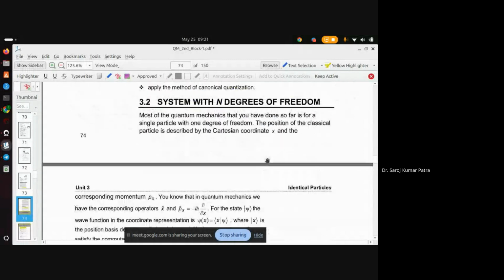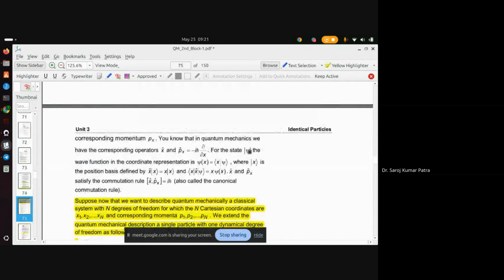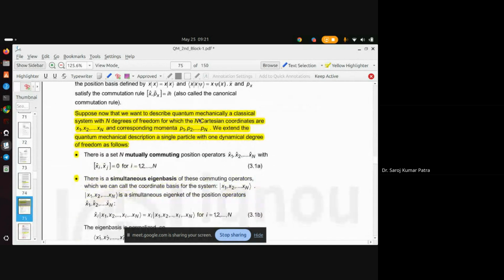A system with n degrees of freedom. Suppose now we want to describe quantum mechanically a classical system with n degrees of freedom, for which there are n Cartesian coordinates. For example, if we have 3 degrees of freedom, then we express it in i cap, j cap, k cap, that is x, y, z.